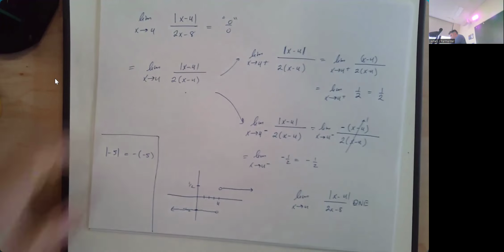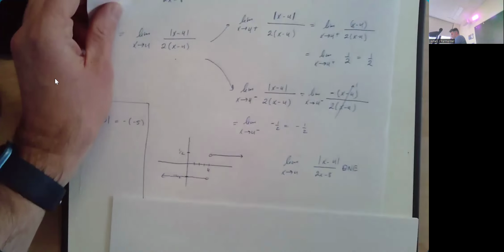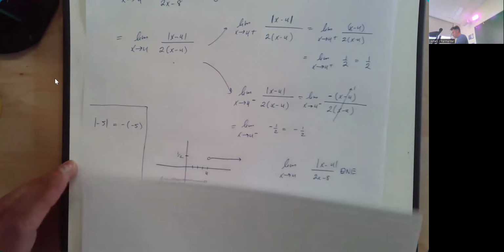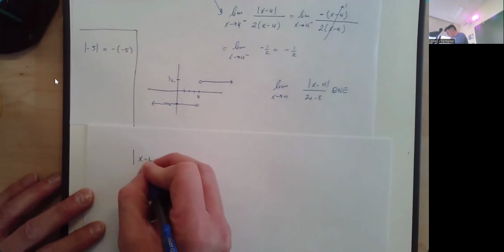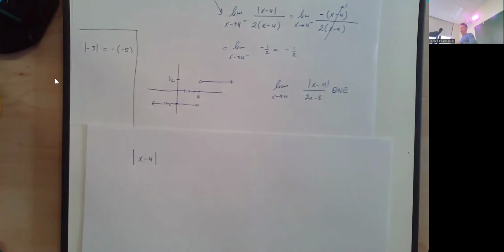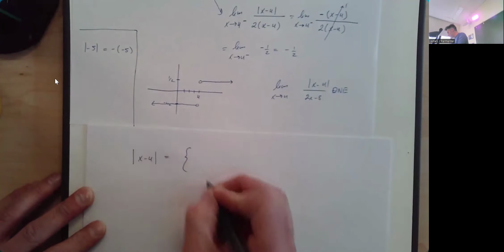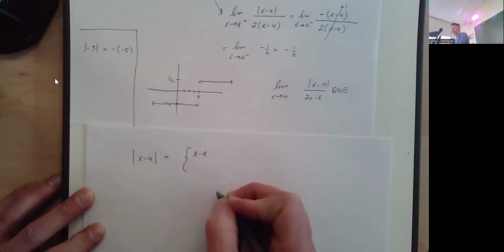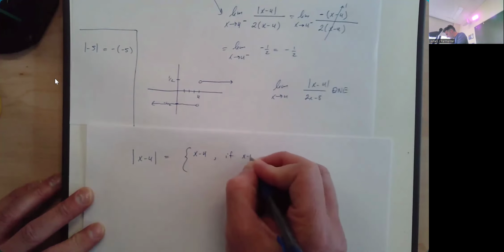Also, I didn't actually write down the piecewise function, but we could have written down the piecewise function that says that the absolute value of anything, x minus 4 in this case, is equal to the thing inside the absolute value if the stuff inside the absolute value is positive.